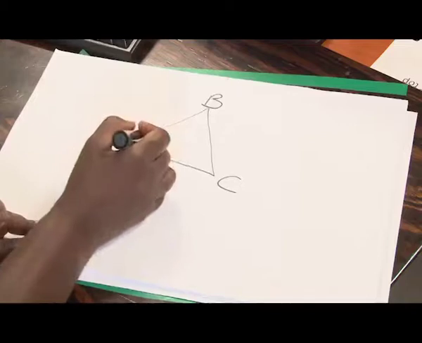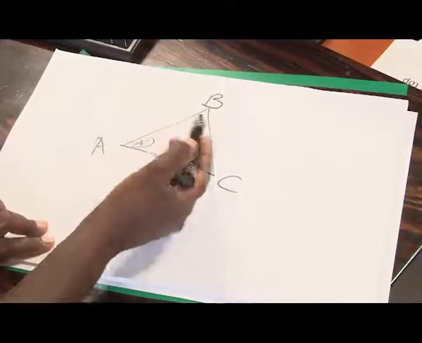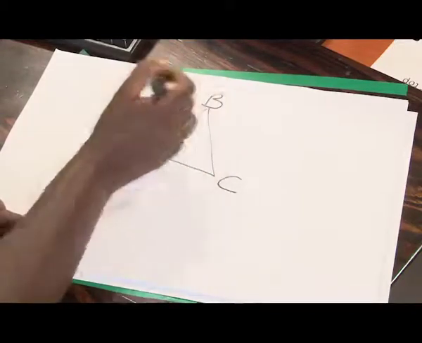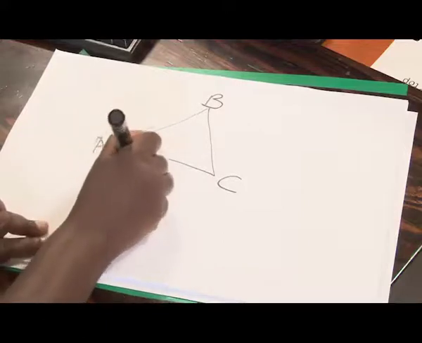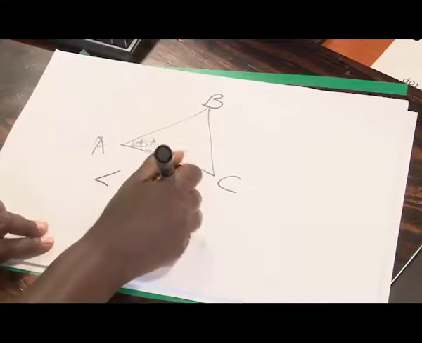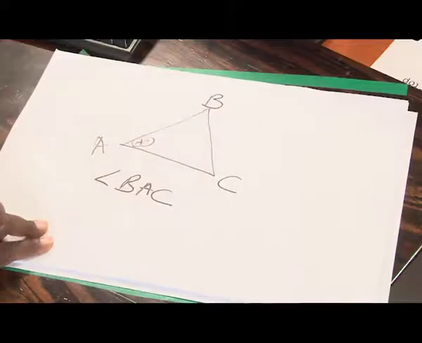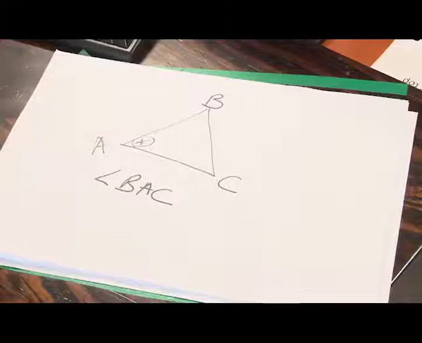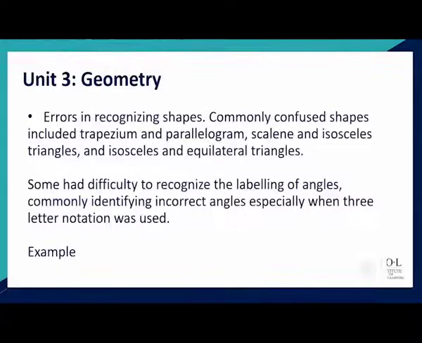They have a difficulty naming the angle. So the angle is here, so we say it's angle BAC. So you must know and study how to label your angles correctly and also your figures correctly so that you don't confuse them.